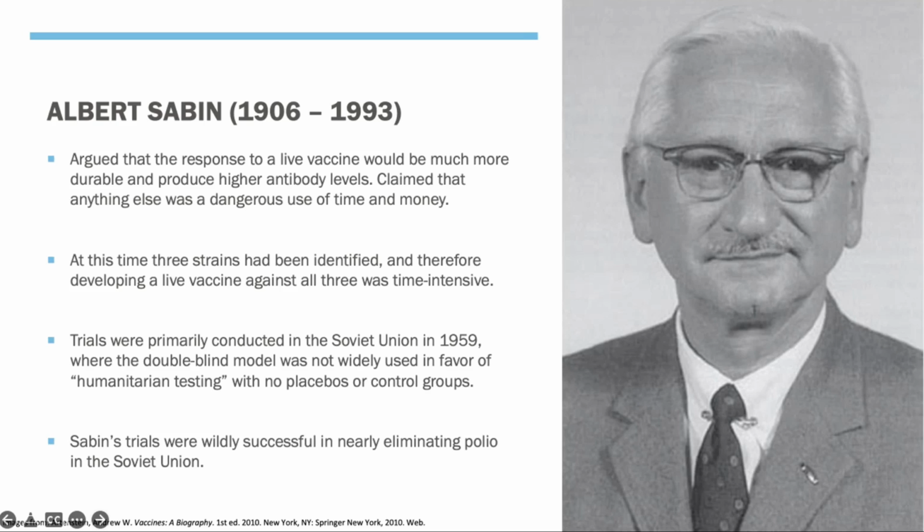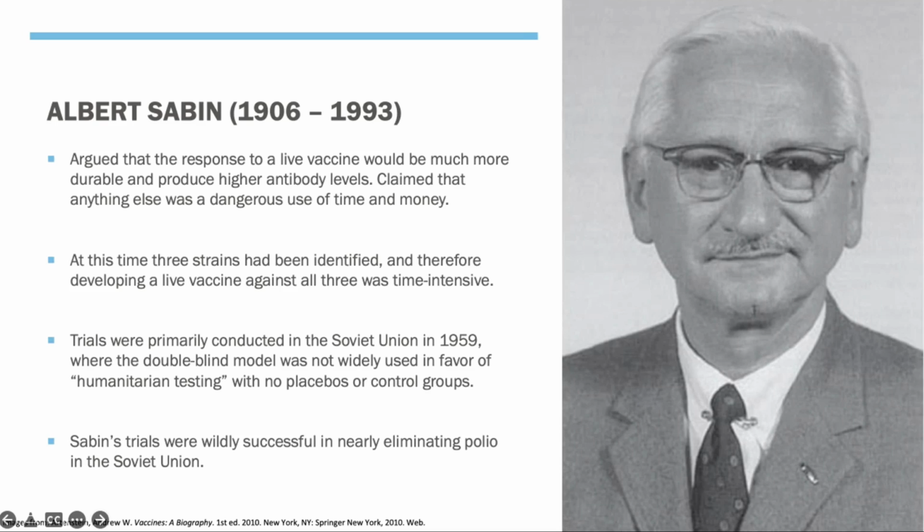And he claimed that anything else was a dangerous use of time and money. At this time, there were really 3 strains of polio that had been identified in the public. And therefore, developing a live vaccine against all 3 was a much more time-intensive process, which is one of the reasons his vaccine came into use at a much later time.